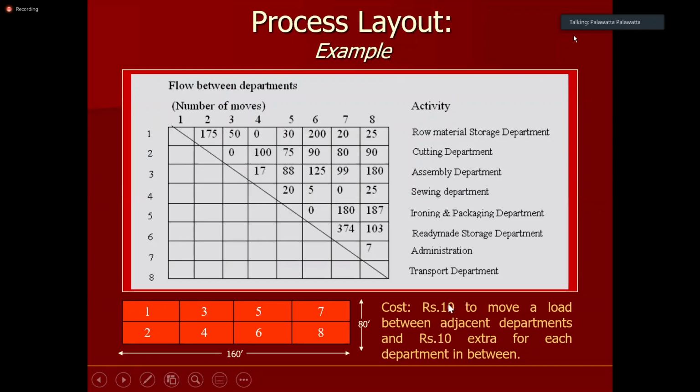So if the cost is 10 for adjacent departments and then 10 extra for each department in between, then from 1 to 2 is 20, and 1 to 3 is 20, 1 to 4 is 20. Then 1 to 5 will be 20 plus 10, that will be 30. So then this cost is going to be 30 times 30, that will be 900. Thus the numbers will change.